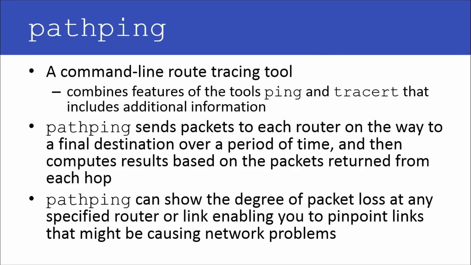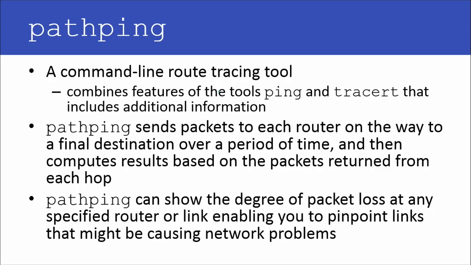PathPing. PathPing is a command line route tracing tool, very similar to traceroute, except it gives you a little bit of extra information, right? So it combines all the things that you love about ping and traceroute, but it gives you a little bit more info. Okay? PathPing just shows you the degree of packet loss in any specified router, and it really gets in some good detail.